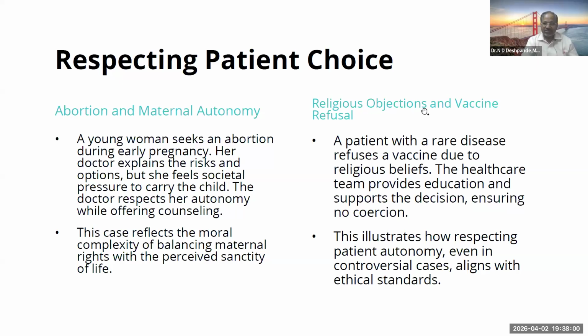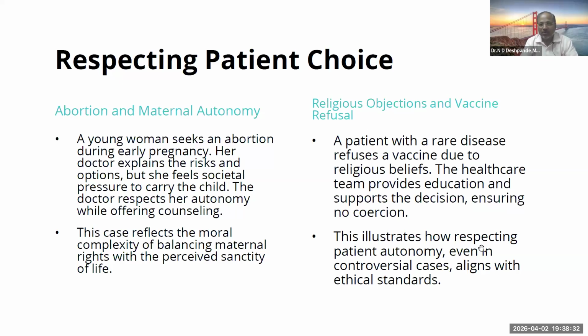Then comes religious objections and vaccine refusal. A patient with a rare disease refuses a vaccine due to religious beliefs. The healthcare team tries to provide education in a modern way and support the decision, ensuring no coercion or force is used. But he still believes some religious beliefs prevent him. For instance, the injection may contain non-veg ingredients, as it is made up of various ingredients, for which he is refusing due to religious objections.